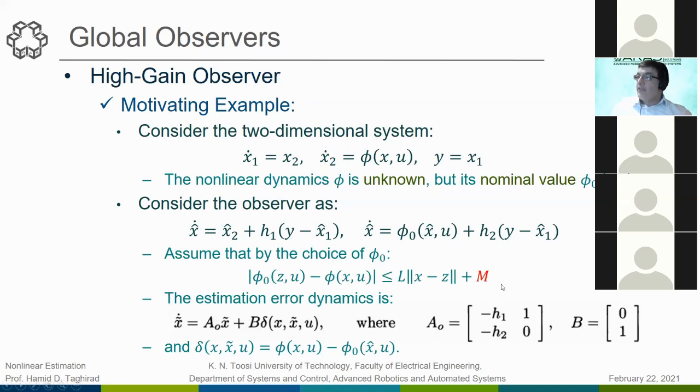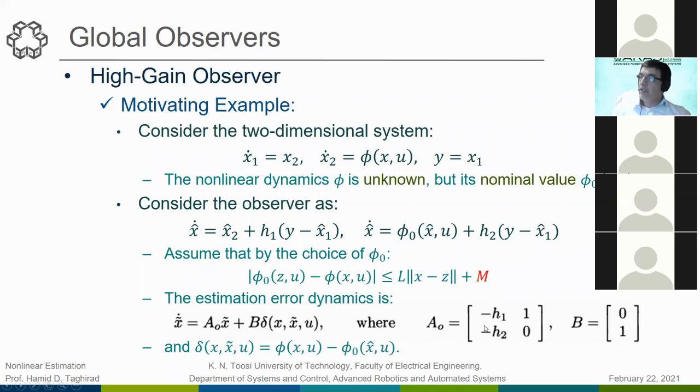And since we have this condition, and how we find this is a hell of work to do to find L and M, but consider that we have them, and we will go through the estimation error dynamics. If we put this minus this as the error dynamics like before, we have a linear part, we call it A0.